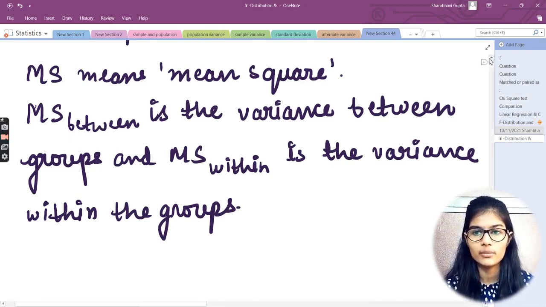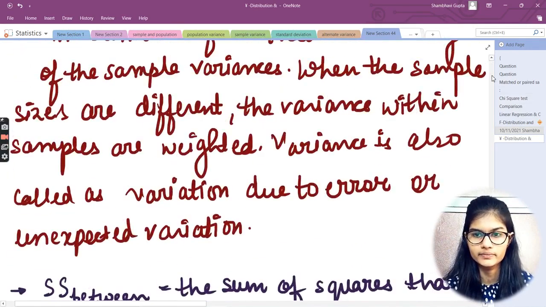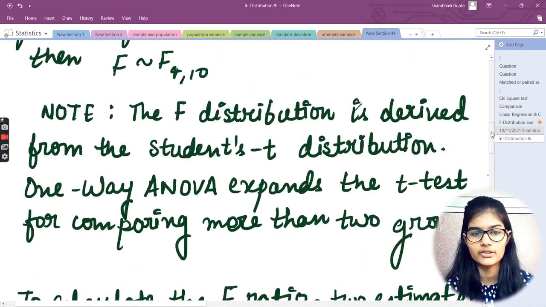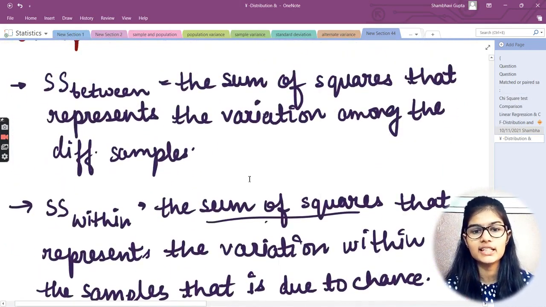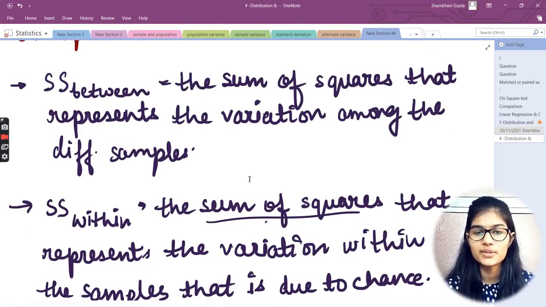Let me take you a little bit above once. Right here, one second. So SS was the denotation that we used, right? We used SS between, that was the sum of the squares that represented the variation among the different samples. So SS means the sum of the squares. What does SS between represent?